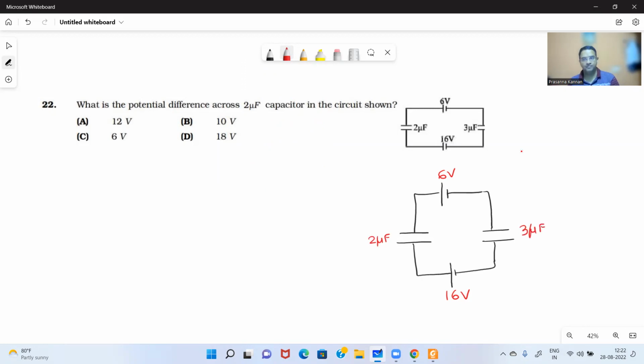Now, this is just one loop, right? Here we need to find the potential difference across the 2 microfarad capacitor. Can you tell me, will the charge on the 2 microfarad and 3 microfarad capacitors be the same or not?